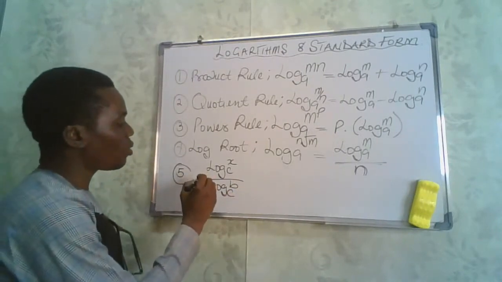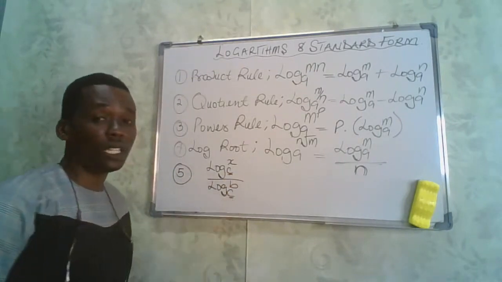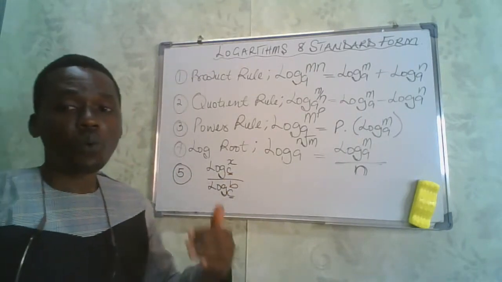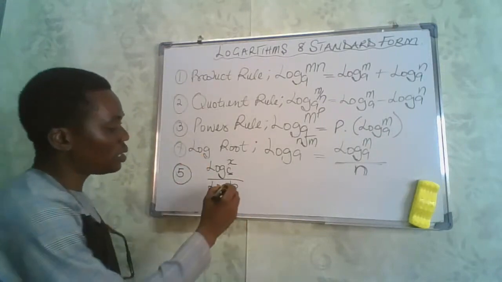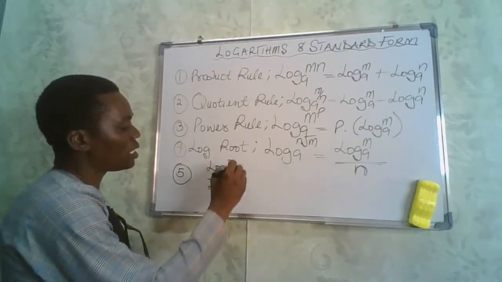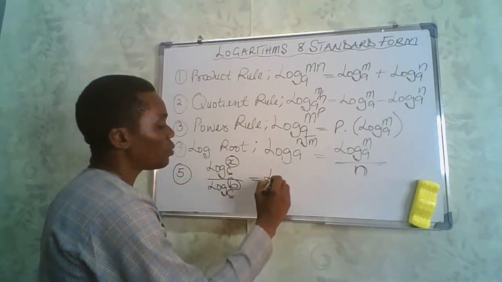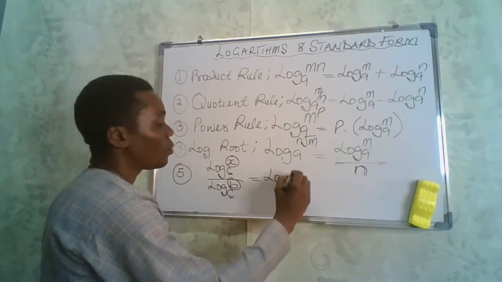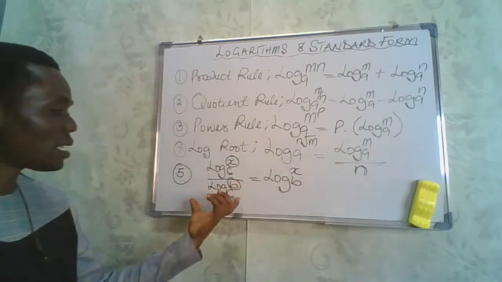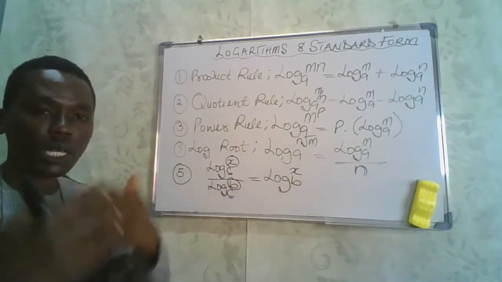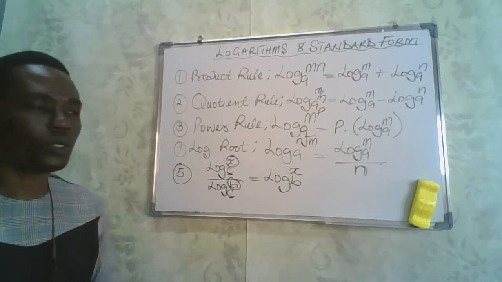If you look at this log very well, you come to see that we have a common base, c and c. So we call it the change of base, because this will become the base and this will become the exponent. So this will typically give us the log of x base b. So it's better I start from here to this point so that you can have a better understanding of what I'm trying to say.